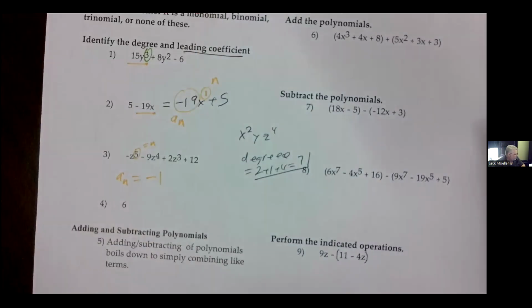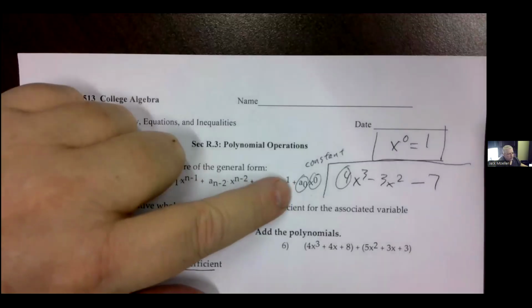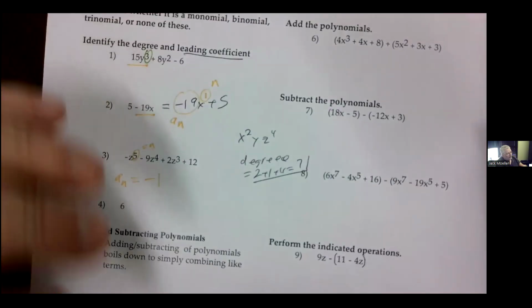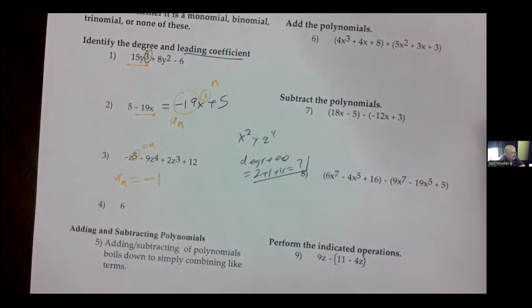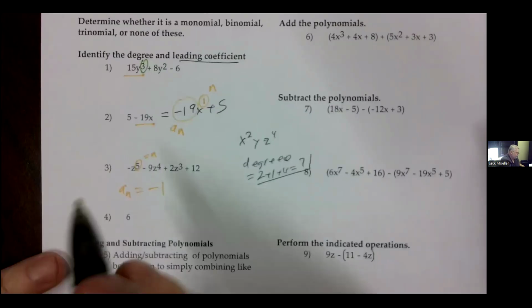When you talk about leading coefficient, technically 6 would be the leading coefficient because that is the coefficient times x to the 0. I would rather just call that a constant, but technically it wouldn't be wrong to call it the leading coefficient. But the degree is 0.